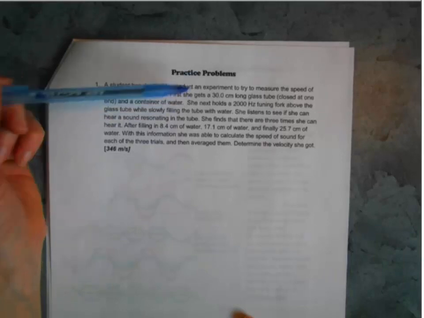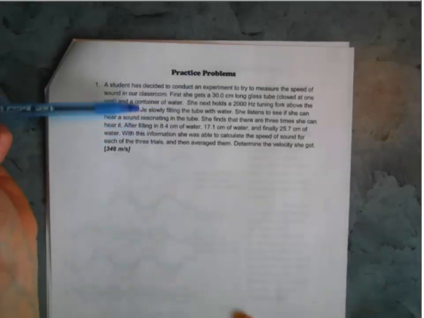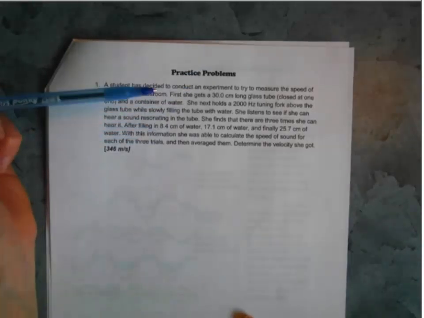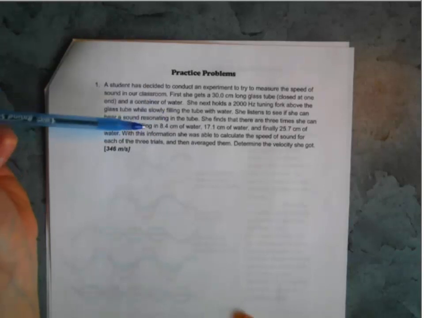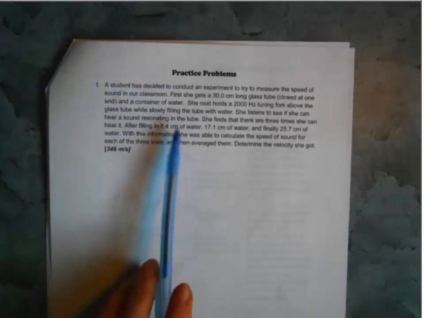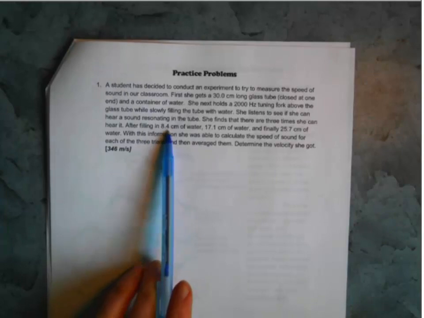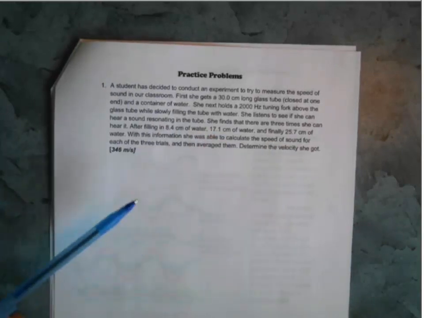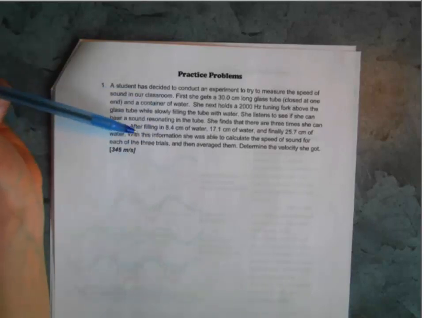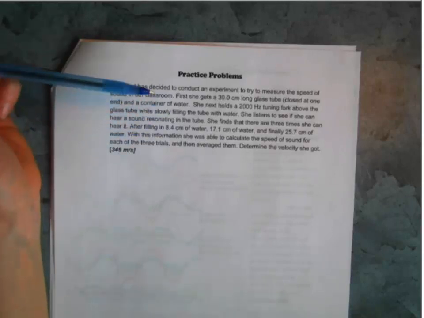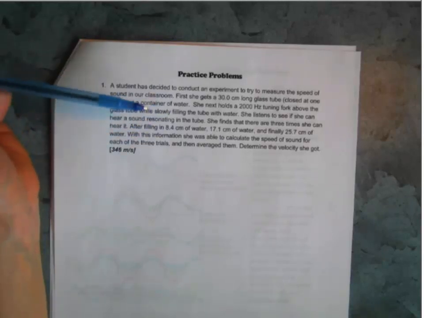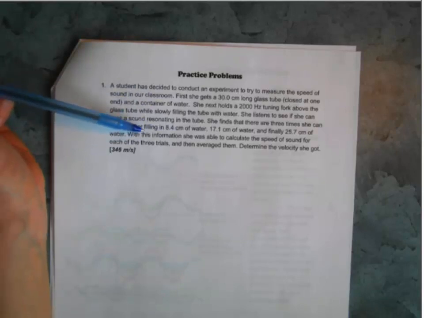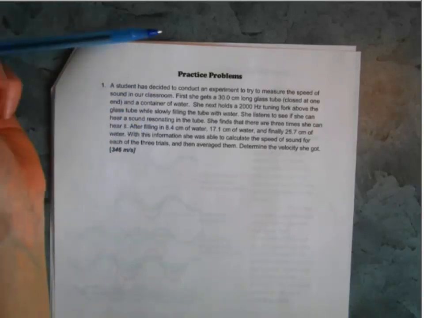Basically you're looking at experimental data. If you were doing this lab in class, this is actually what you would do, and then you would do the calculation. So she's figuring out different distances that you can fill a tube with water, just like we just looked at, and then figuring out where you can hear something. That means there's a fundamental frequency happening there, or a multiple of that.